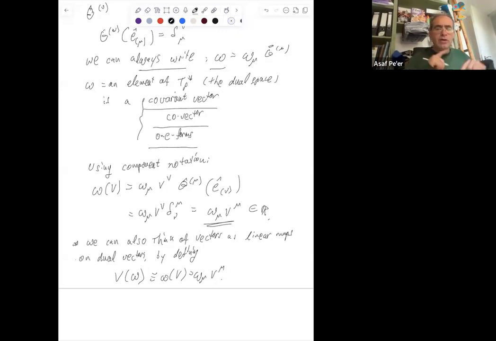So essentially, the dual space to the dual space is the original space.